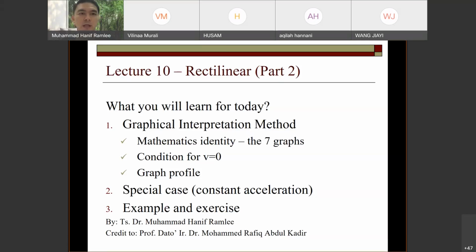The equations are from the physics that you learned in secondary school. We just utilize the formulas again to calculate the displacement, the acceleration, and the velocity. And the last one is example exercises.